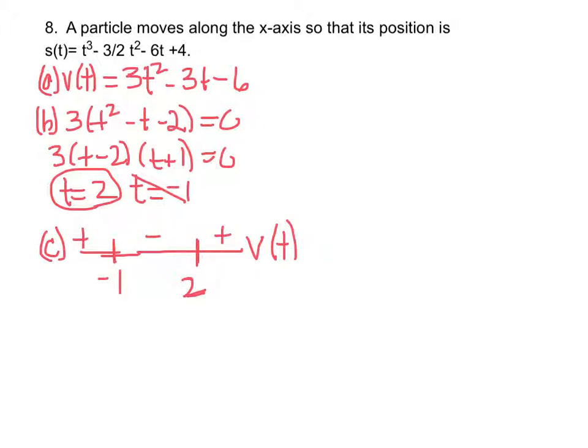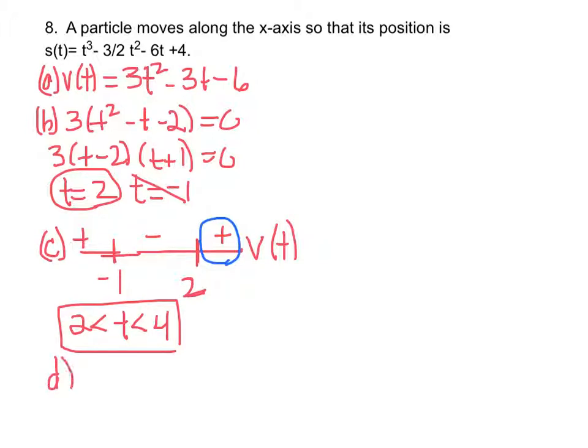I am going to ignore the negative sign of that sign chart, though. So I would be moving to the right when the time is between 2 and 4. Okay, so that's when the particle is moving to the right, because what we're doing is we're looking for when the velocity is positive.